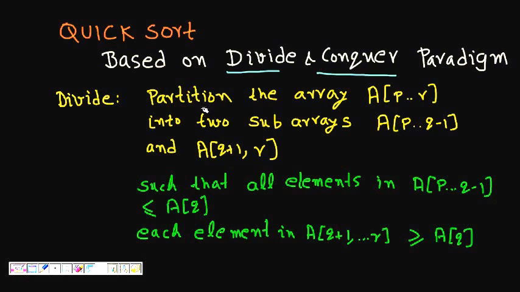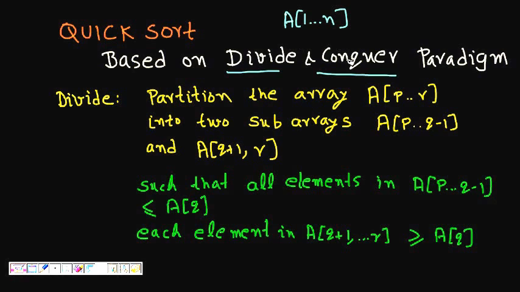We have an array A[1 to n], there are n elements in it, indexed from 1 till n. In divide and conquer, we first divide the problem into smaller sub problems, then solve those sub problems, and finally we combine the results of the smaller sub problems.